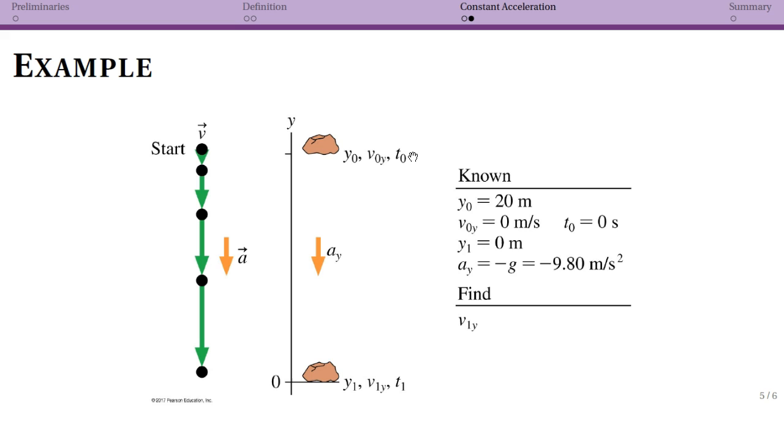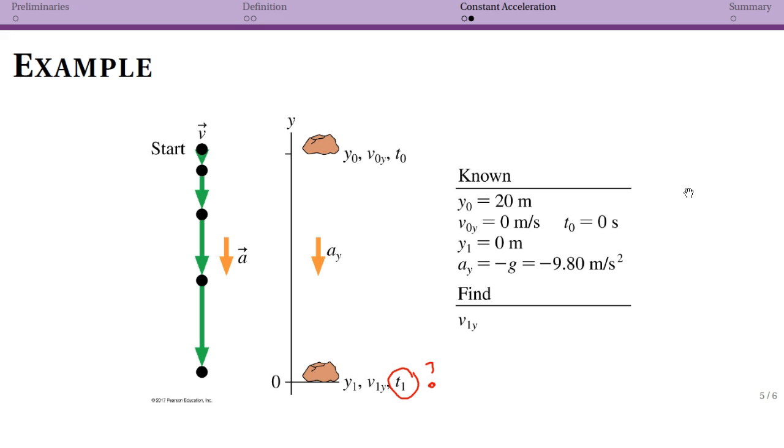Now, one thing to note in this problem, and again, this is coming from the book, but I want to highlight this, is that we can say that our clock starts when we drop it, which is fine. Our initial time equals 0 seconds. But one thing that you don't actually know in this problem is what the time is when it hits the ground.